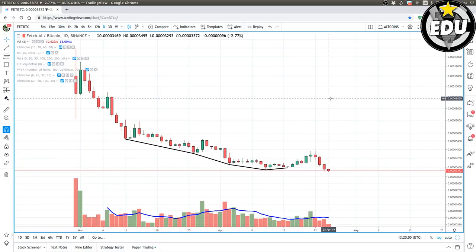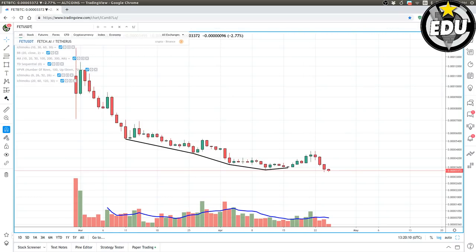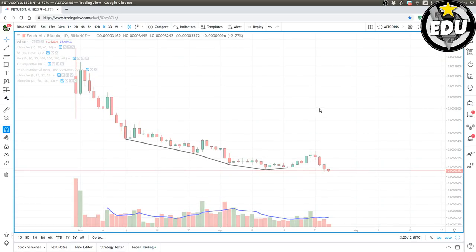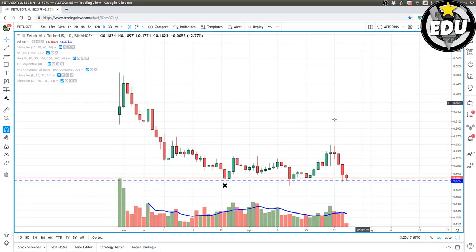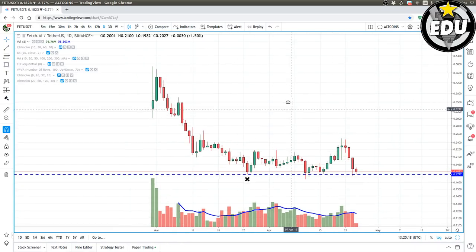To make things more clear, I look at USDT too, because right now the USDT market is pumping stronger, and it's sometimes anticipating what might happen.